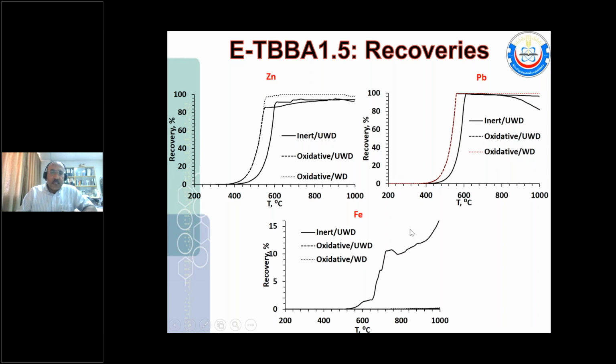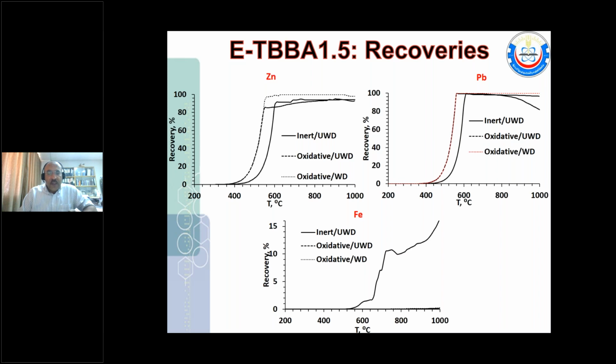But what is extremely important for us was the selective suppression of iron release when we added oxygen to the system. So we see all iron became iron oxides in the form of hematite.